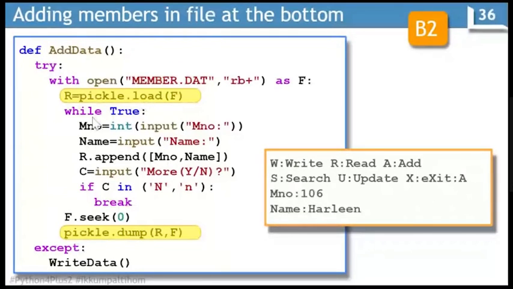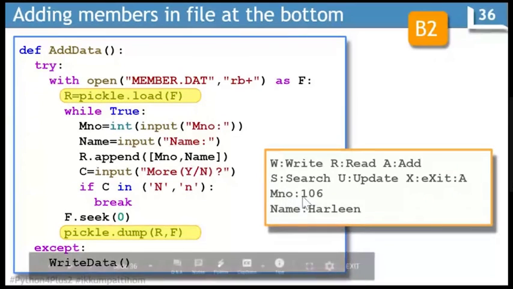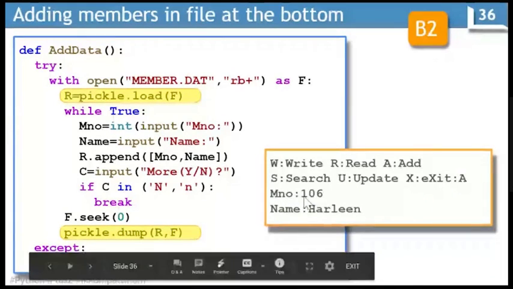And with the help of this loop, we allow the user to type MNO and name once again. With the help of r.append, we add the new list at the end. As R contains two lists inside it, with the help of append we have added one more list to it. Let's assume this data is 106 and Harleen.